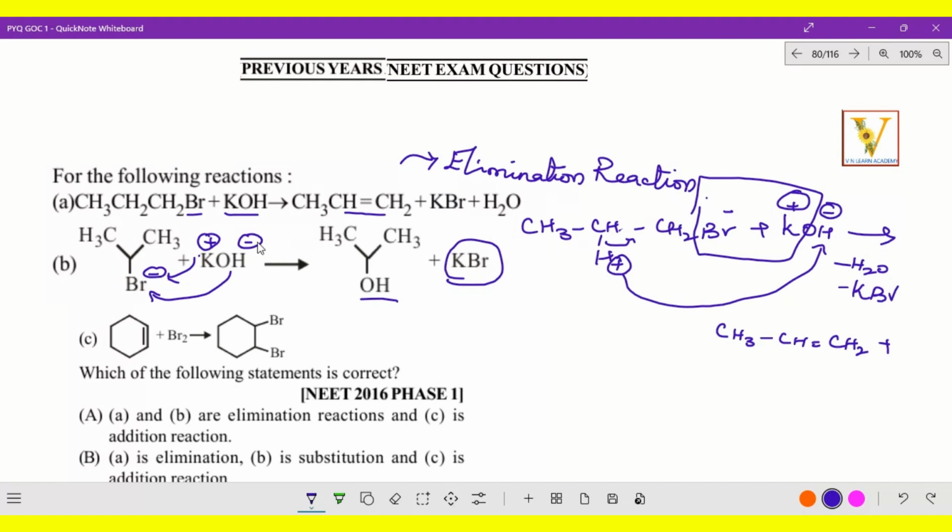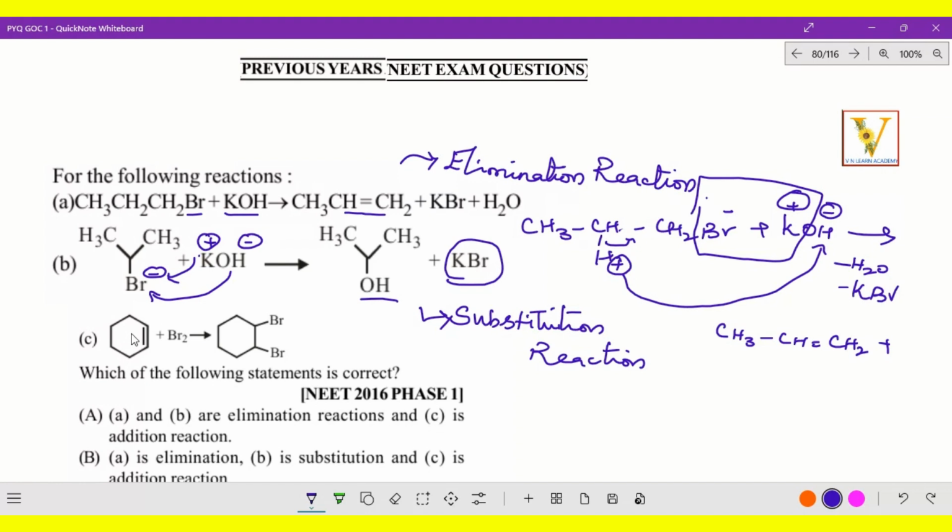This OH minus ion is substituting the Br minus. So this is a substitution reaction, right?